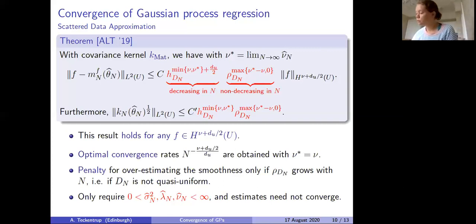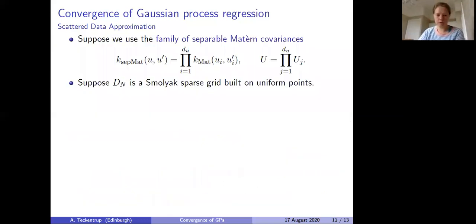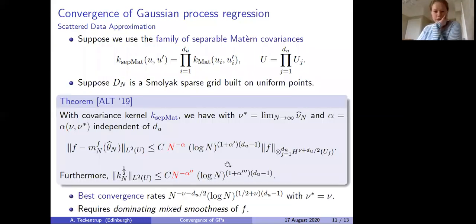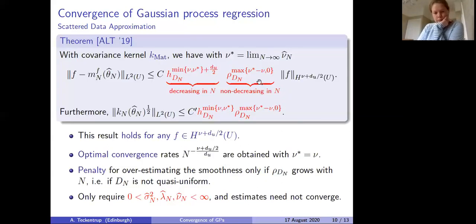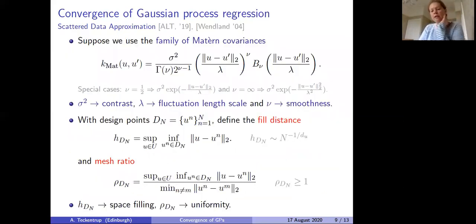Right. So I'm already running a bit out of time, so I'm just going to quickly show you this last result. One of the disadvantages of this setup that I talked about here is that you do get quite a bad dependence on the dimension.